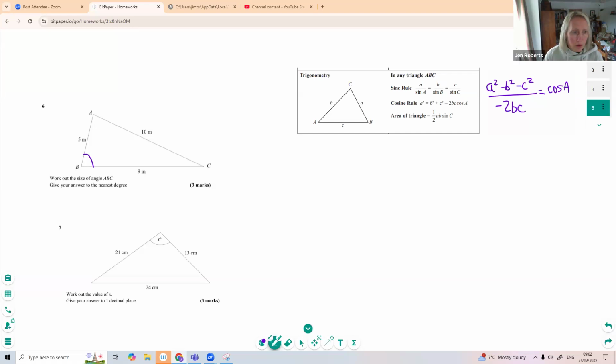Again, I'd just ignore their labelling here because we want our angle here to be our A. So 10 squared, that's our little a squared, equals 5 squared plus 9 squared minus 2 times 5 times 9 times cos A.